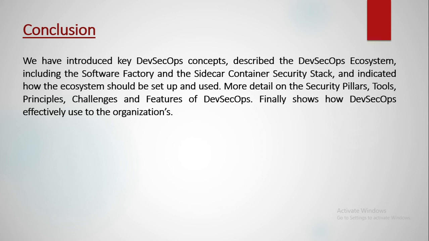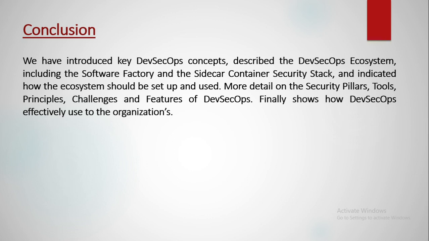More details on the security pillars, tools, principles, challenges, and features of DevSecOps. Finally, we showed how DevSecOps is effectively used and how it integrates into the organization and so on.